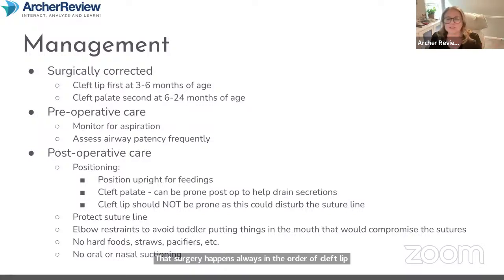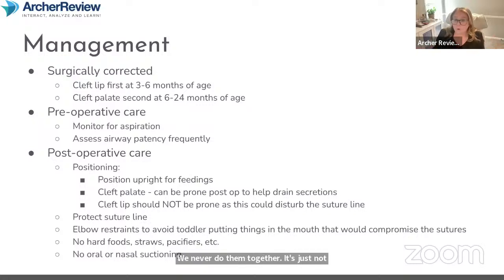The lip happens first at like 3 to 6 months of age because we really want to go ahead and correct that before speech starts being developed. It's a lot harder to learn how to say all your words when you've got this big gap in your lips. So we want to fix that first, and then the palate at 6 to 24 months of age. We never do them together. It's just not how it works.